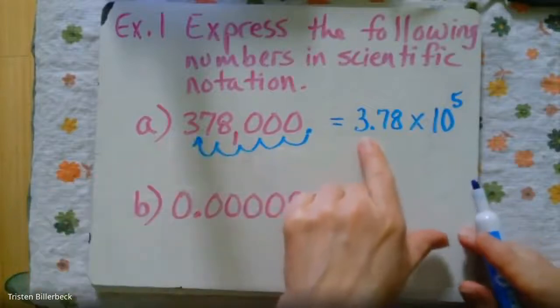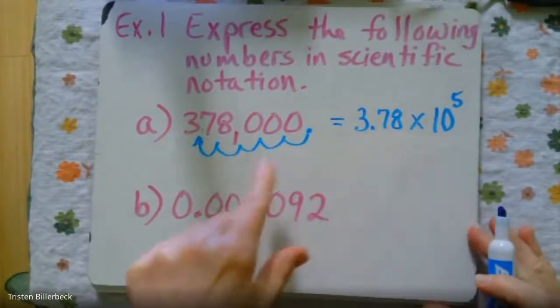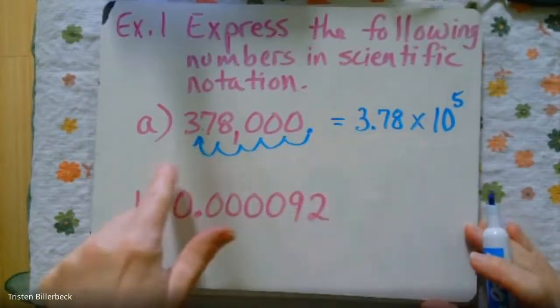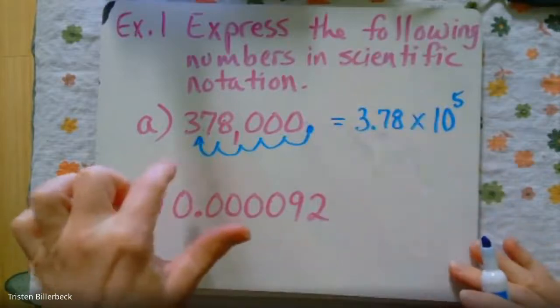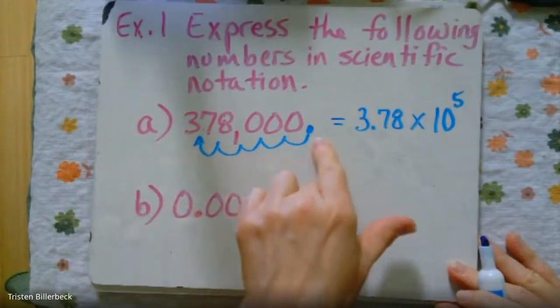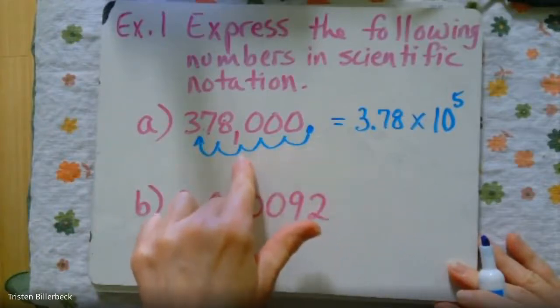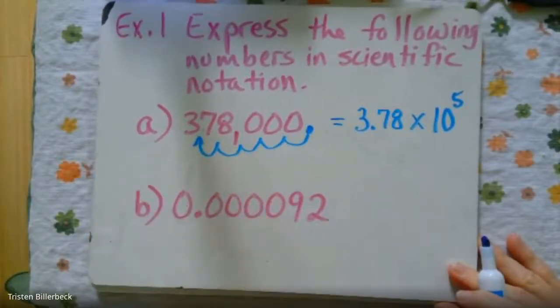So if this would be 3.78, each time I multiplied by 10, I moved that decimal over 1 place. If we move backwards to see how many decimal places we moved, 1, 2, 3, 4, 5 tens.